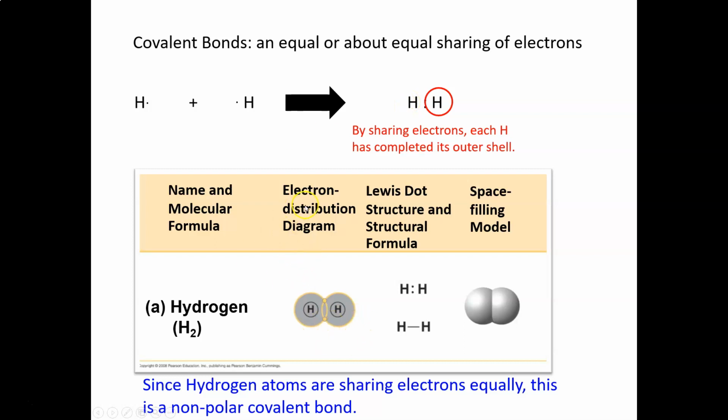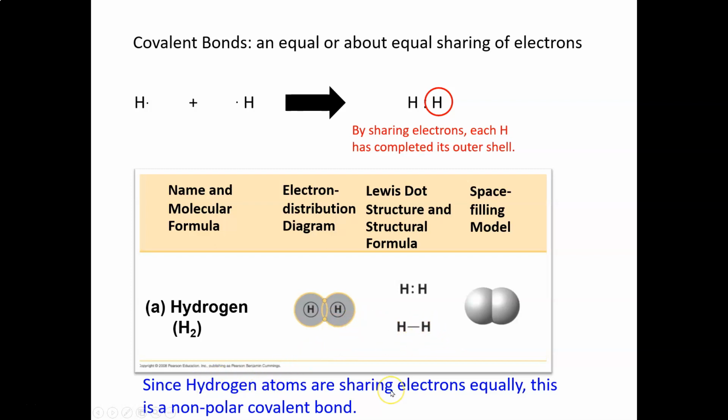You can look at the different diagrams, and I find that the Lewis dot, the one right here in the middle, tends to be fairly easy to decipher. But as long as you understand it, I'm not going to worry about which of these methods you learn. Whatever you find easiest to remember is fine.